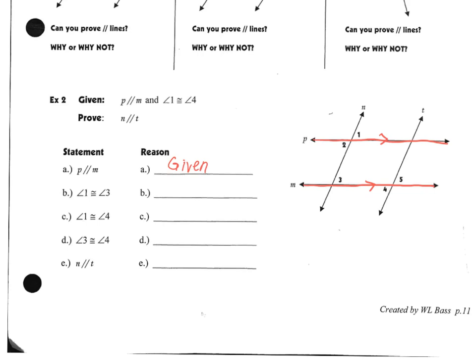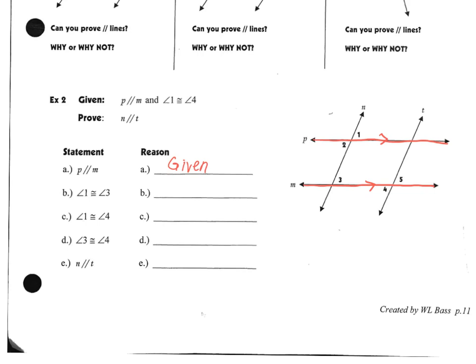And our goal here is that we want to prove that these other two lines, N and T, are also parallel to one another. And so we're going to look at the statements and provide the reasons with this one. So the next statement is that angle 1 is congruent to angle 3.